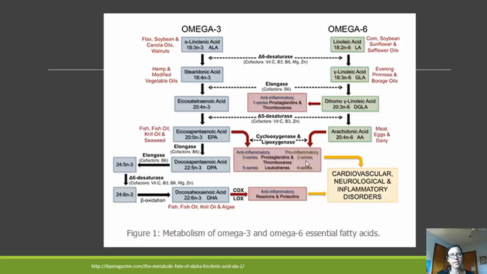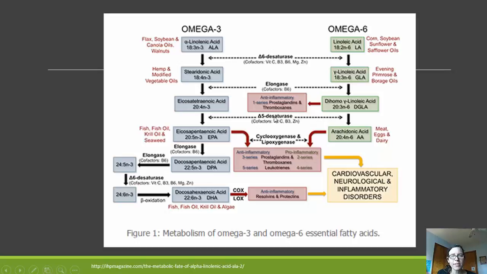Okay, so here's a nice little figure. Here we have omega-3s on the left side and omega-6s on the right. And it's kind of just repeating what we had seen in prior figures. We have the desaturation, we have the elongation, but here it's showing what the eicosanoid products are of these different essential fatty acids and why we want to have a higher proportion of omega-3s.